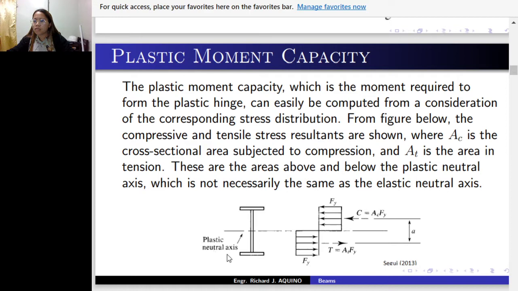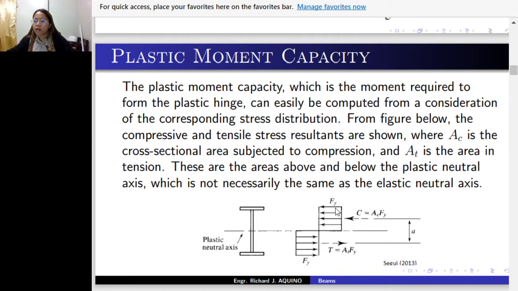So this is the plastic neutral axis, and the upper side of the neutral axis is the compression side of the section, and the lower side of the neutral axis is the tension side of the section.